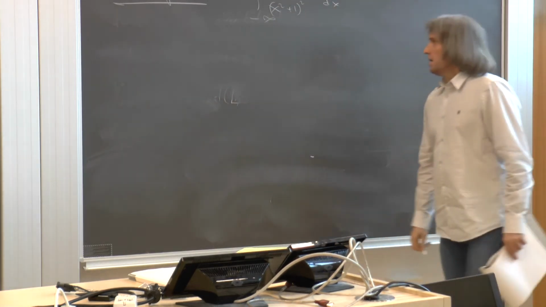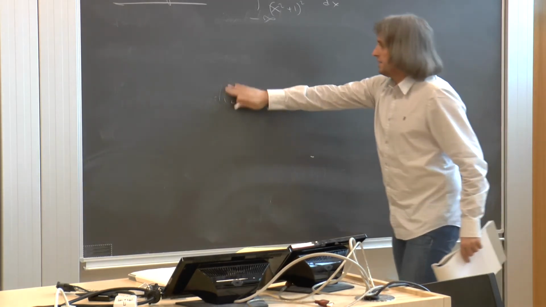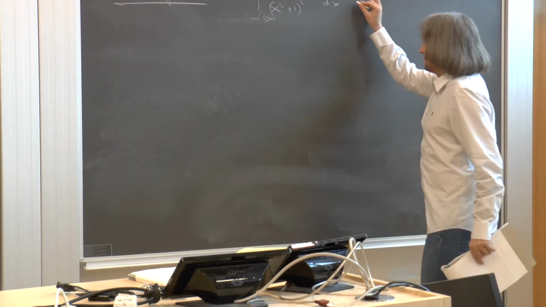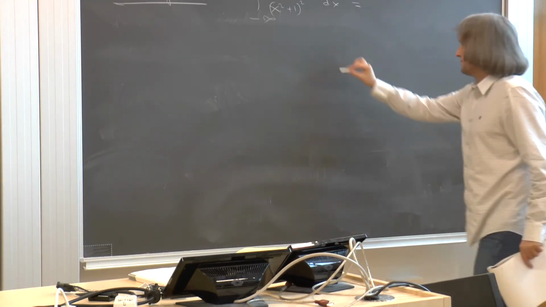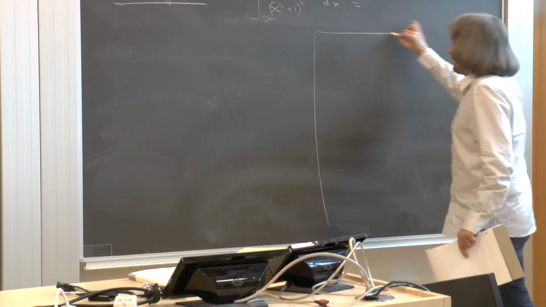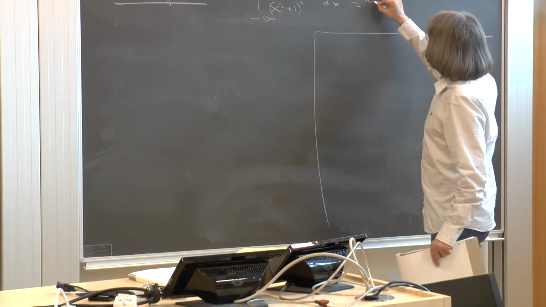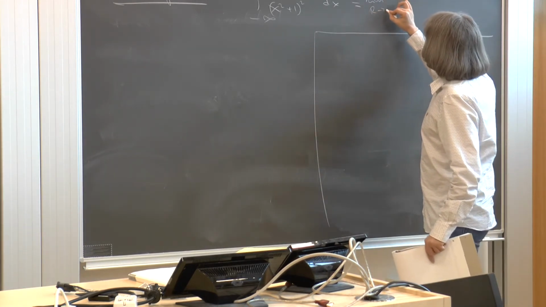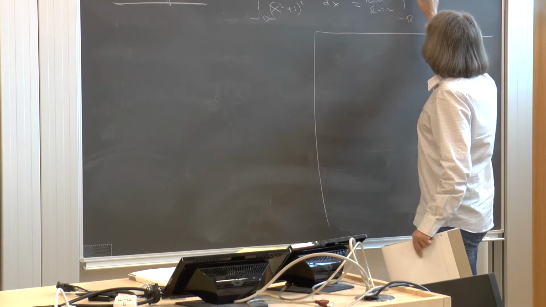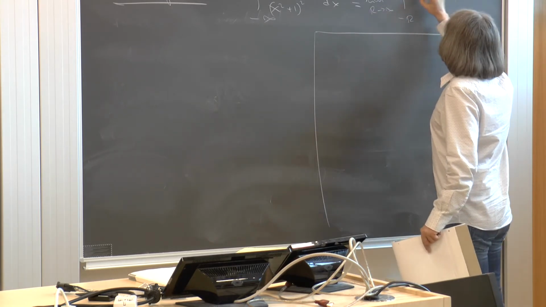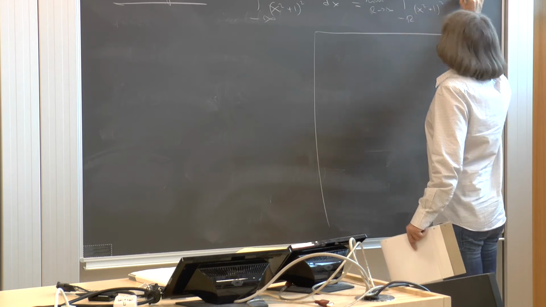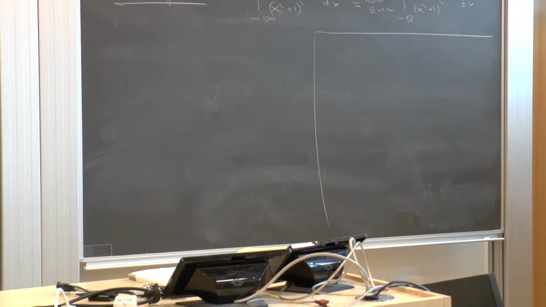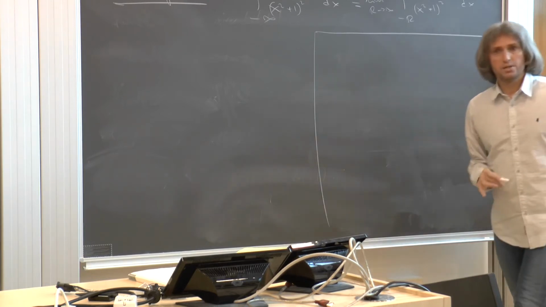And we want to evaluate it as a definite integral. So here is the picture. We agreed that this is the limit for r going to infinity of the integral from minus r to r of dx over x squared plus 1 squared. So I'll write the method.